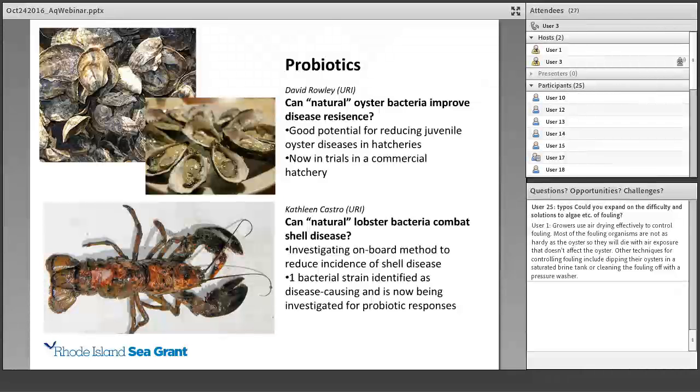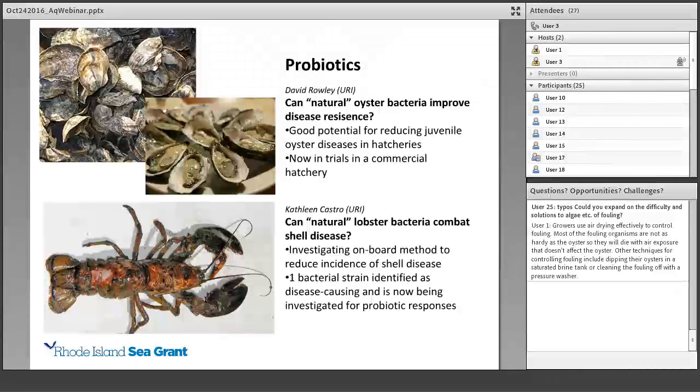And he's finding that by having an availability of these good bacteria, it can actually reduce the incidence of disease in the oysters, particularly at the juvenile phases when they're at the highest risk in the hatchery. He isolated at least 2 bacteria that have very high probability of being able to be applied in a hatchery setting.